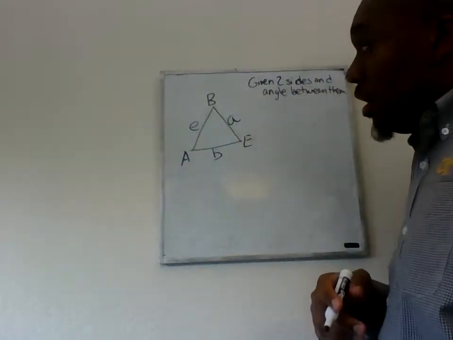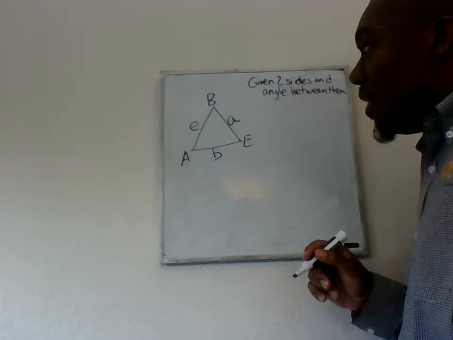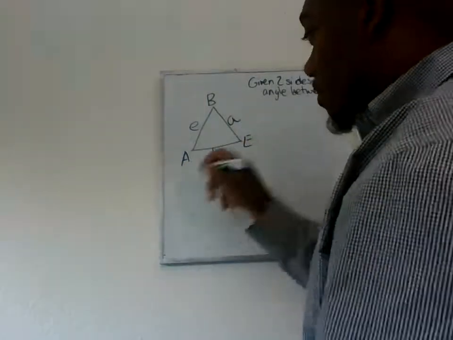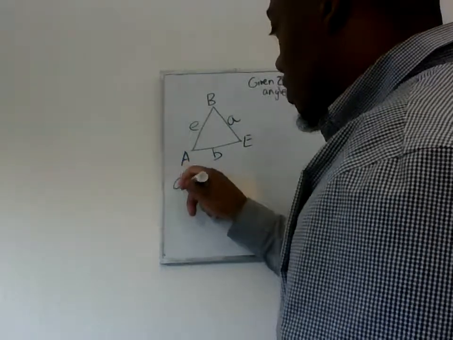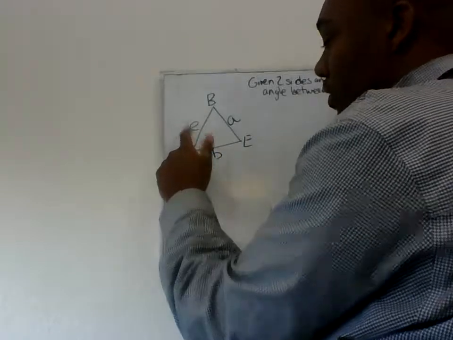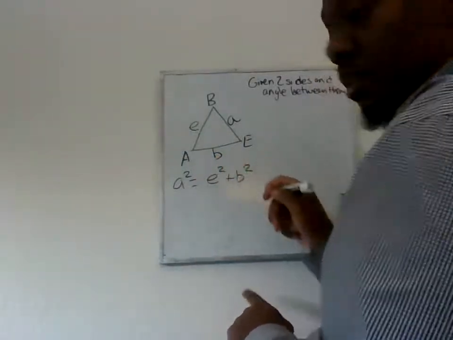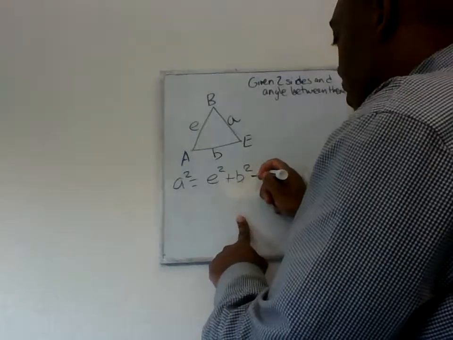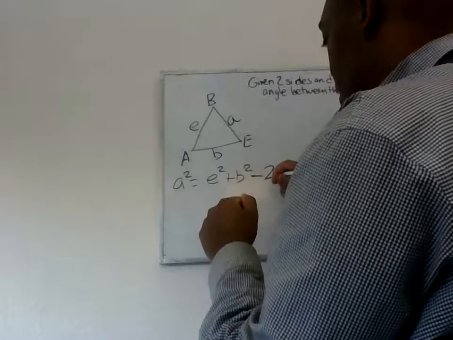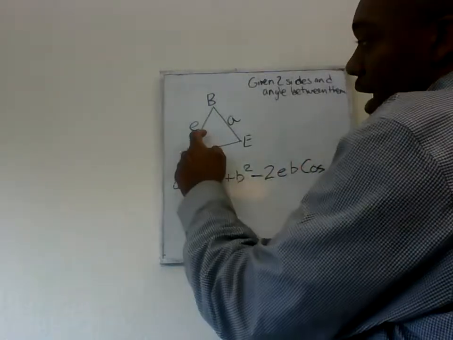All right, so according to the law of cosines, let's see what A would equal. A squared would equal, we'll take the two other sides, so E squared plus B squared minus the number 2 times those two sides, so E and B, or BE, cosine of the angle between them.